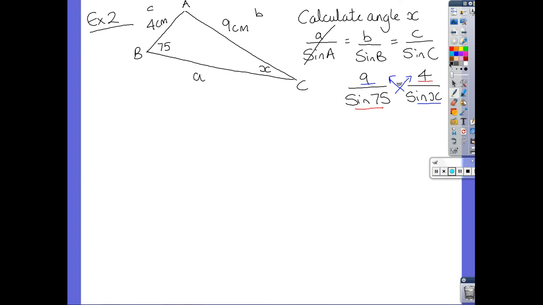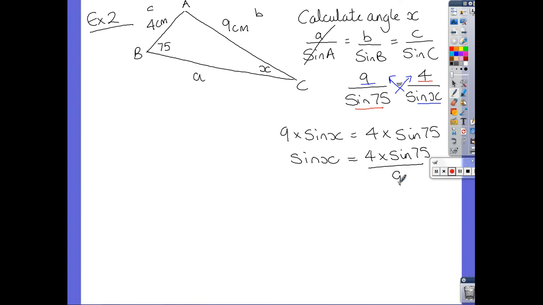So we end up with 9 times sine x equal to 4 times sine 75. That's cross multiplication. And finally, to get sine x by itself, we move our 9. It's a multiplication on the left hand side here, so we divide by 9 on the right. So sine x equal to 4 times sine 75 divided by 9.